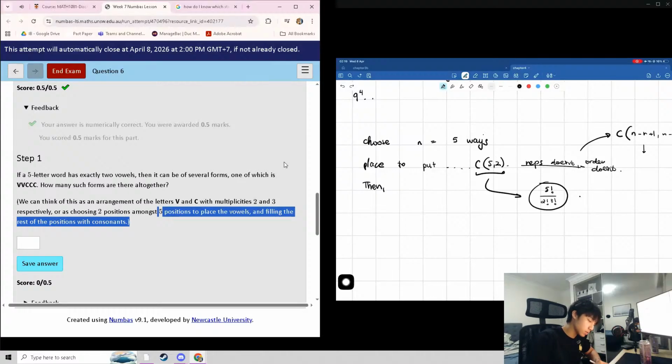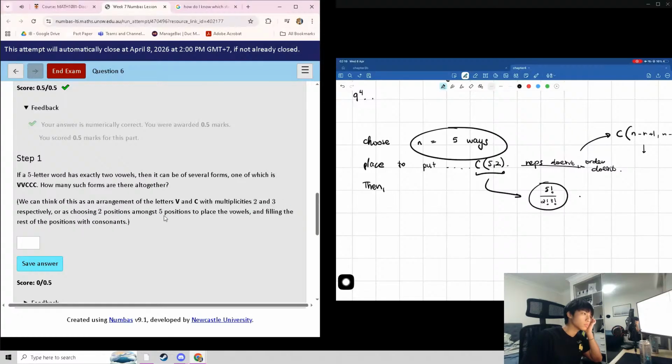I'm going to choose the type of vowel, right? Three choose.